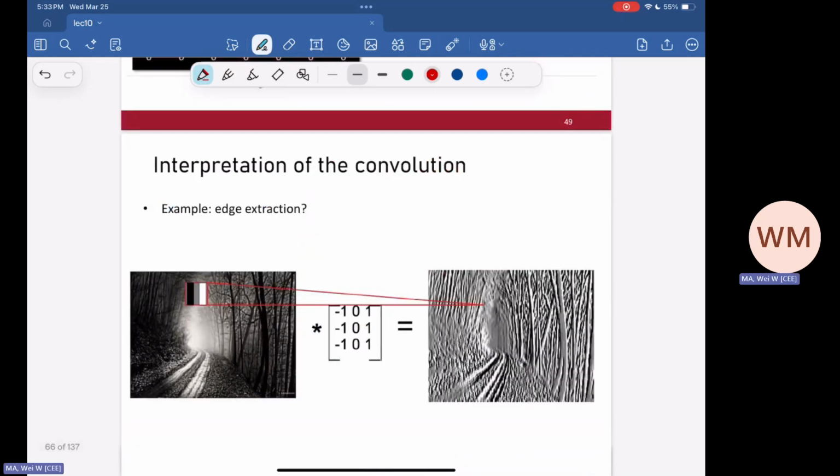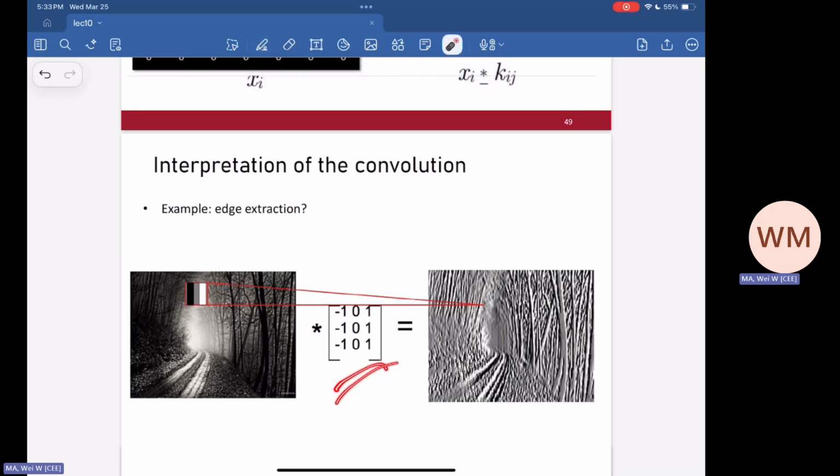Okay, so this filter actually has some physical meaning. For example, in the past, many people tried to develop different filters that have different functions. For example, this is a famous one. If you just apply this filter to this image, it will give you something like this. So it's more like some edge extraction.